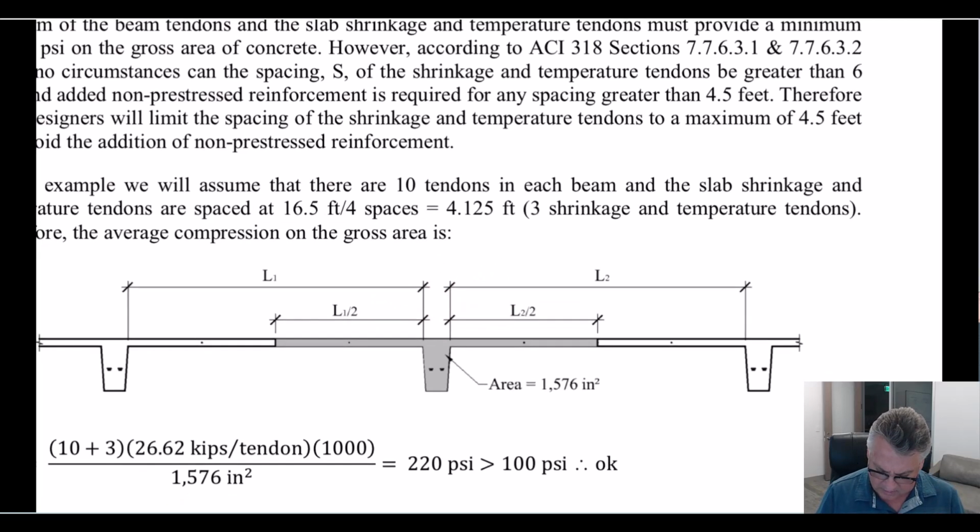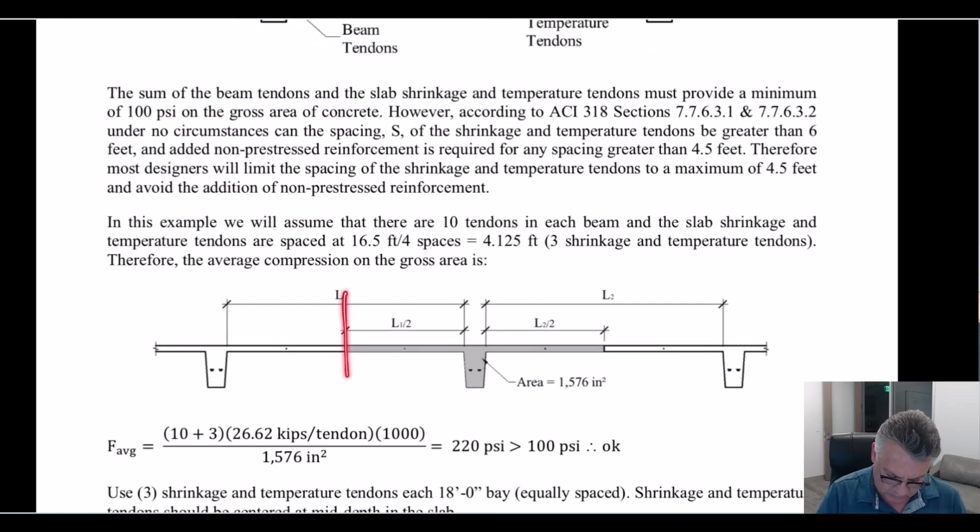Now we're looking at the full tributary section. So we're going halfway to the next beam. This isn't the T-beam section that we're using. We're actually looking at the entire tributary area and trying to figure out what average pre-compression we have over that full area. Now in this design, you can assume we had 10 tendons in the beam.